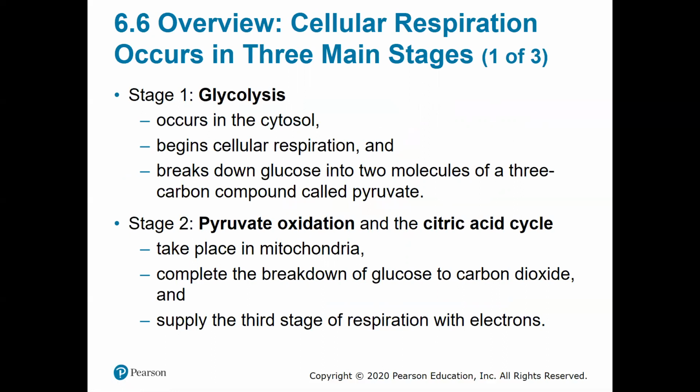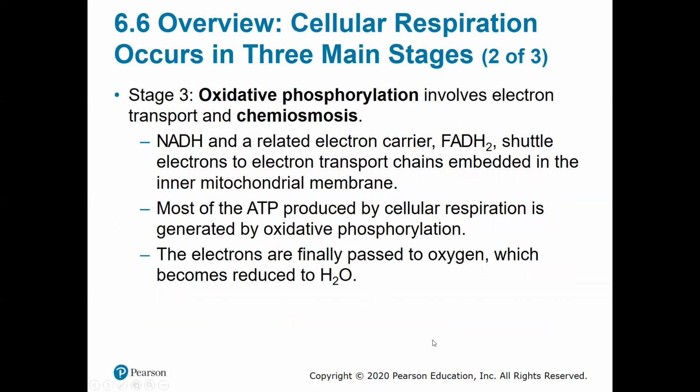Stage 2 is called pyruvate oxidation and the citric acid cycle. These take place in the mitochondria. It completes the breakdown of glucose into carbon dioxide, and the third stage of cellular respiration is oxidative phosphorylation, which involves the electron transport and chemiosmosis.